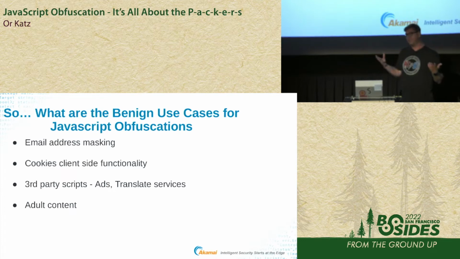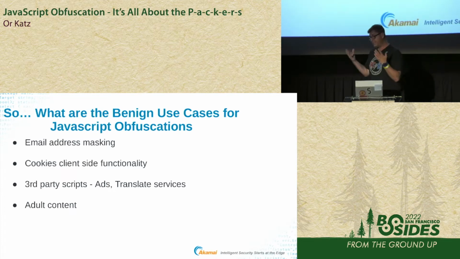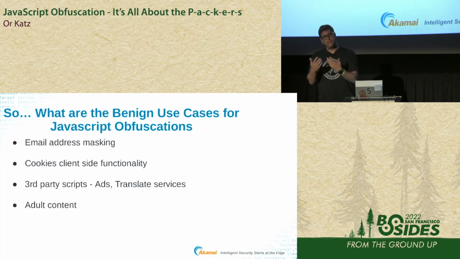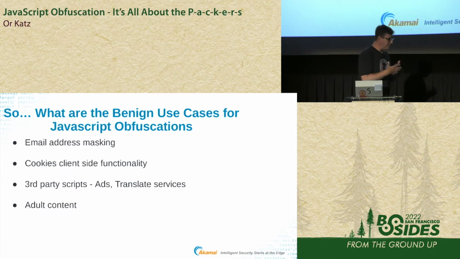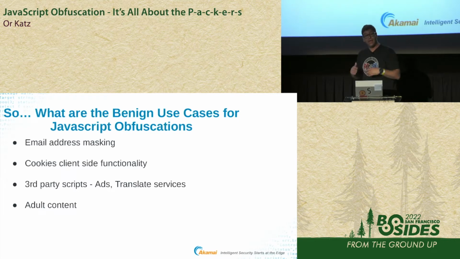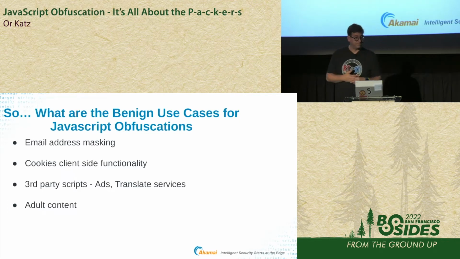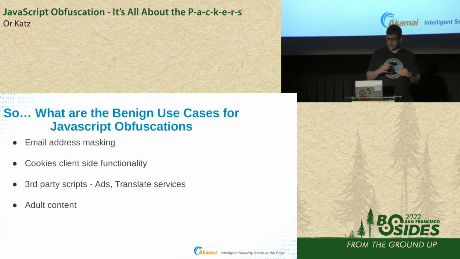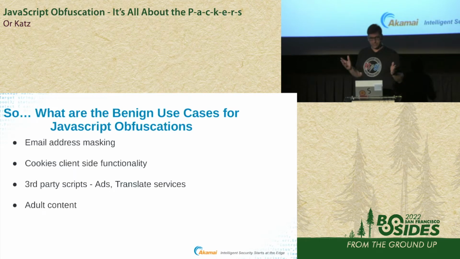Some websites want to include an email address on the site, but don't want to make that email address available to any scanner or search engine that looks into their website, and therefore they are doing obfuscation for that. Cookie client-side functionality: don't ask me the reason for that. It's not good practice, but yet we were able to see some of those examples.